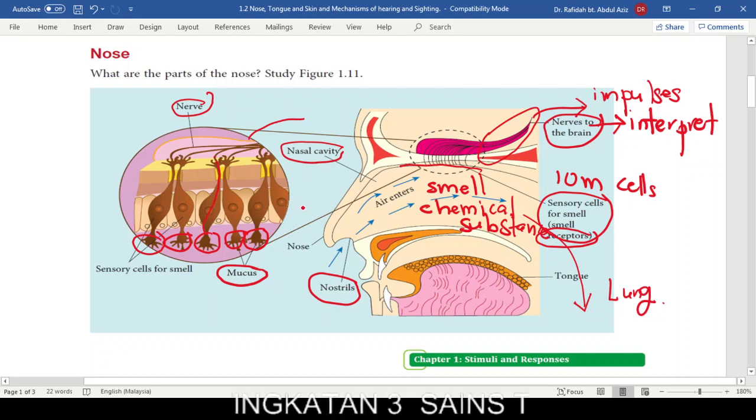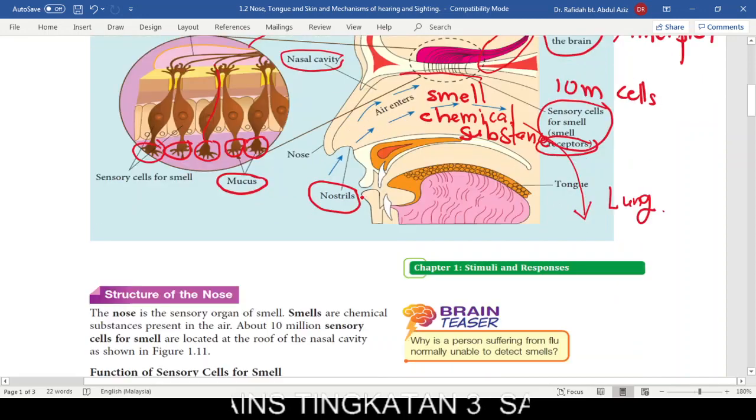So that is the structure and function of the nose.